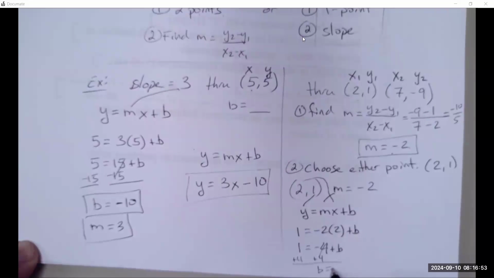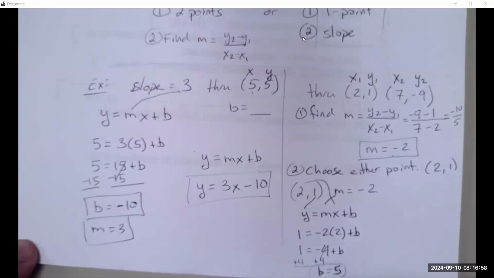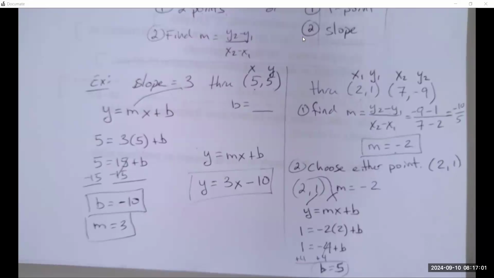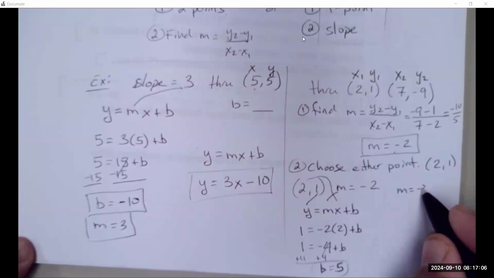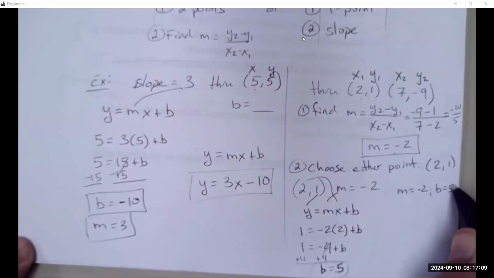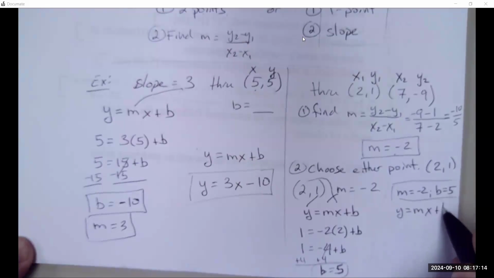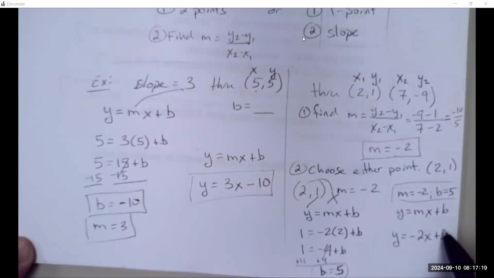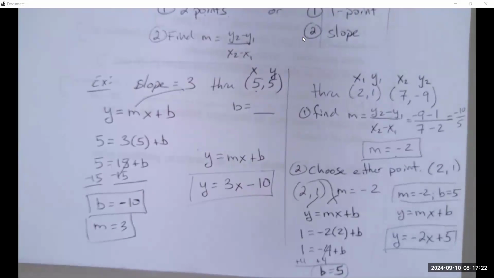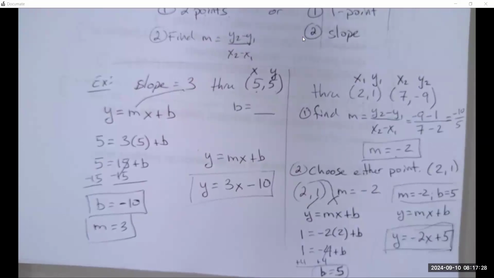So b is equal to 5. M is negative 2. B is 5. Plug those back in the equation. Y equals negative 2x plus 5. And there's your equation of a line that connects those 2 dots. Pretty straightforward.